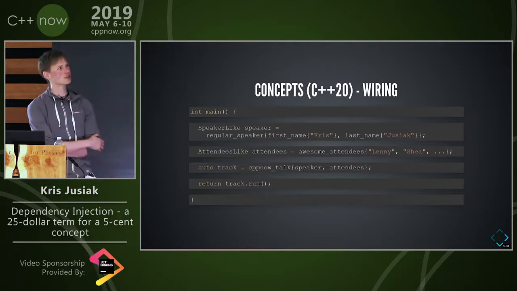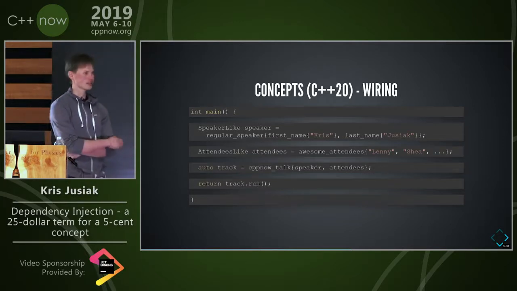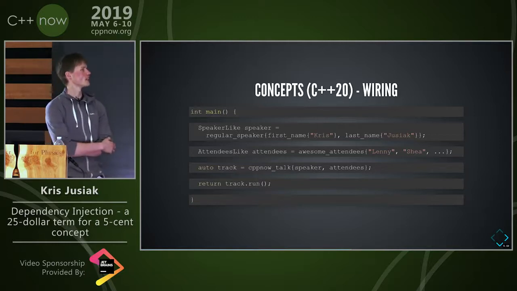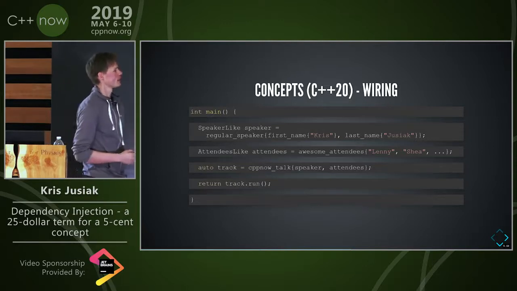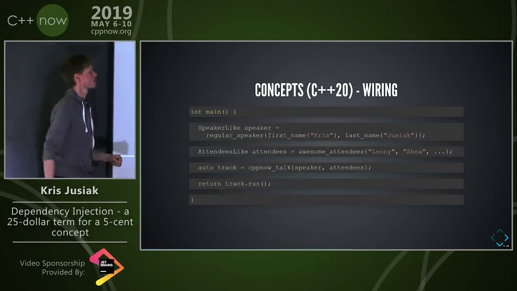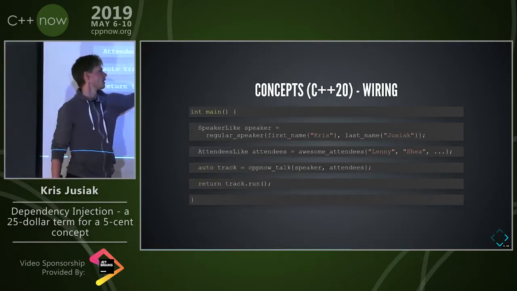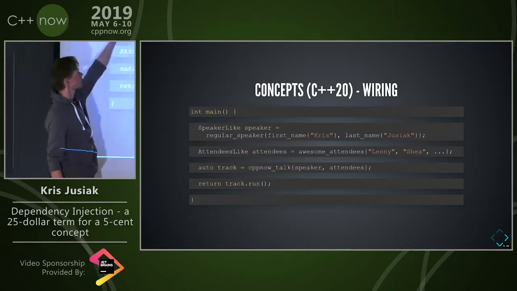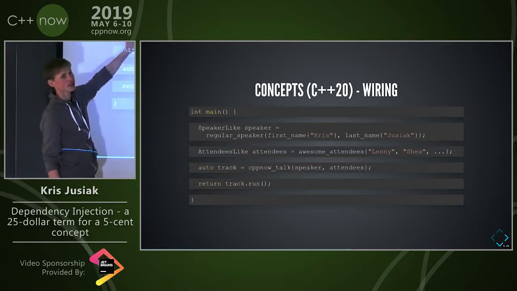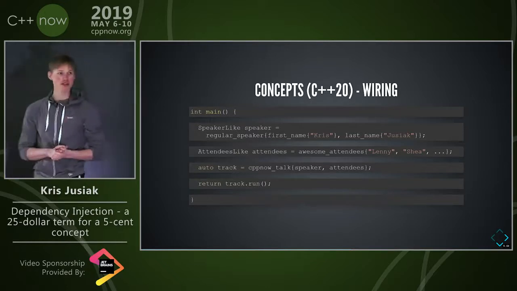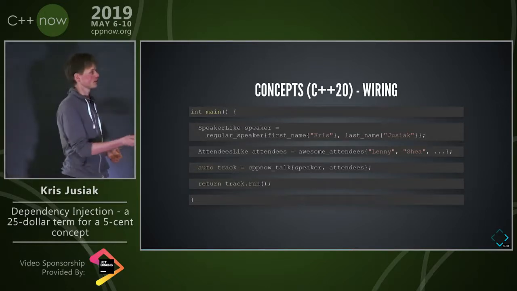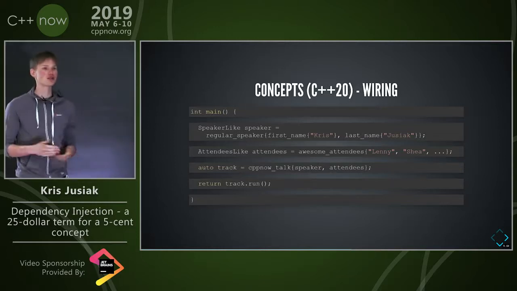So the observation here is that if you put the speaker-like on it up front, the constraint will be verified here, but also later. If you put auto in it, it won't be verified there because it will be anything, and it will be verified later on. Whether that's good or bad, I wouldn't say that's coupling.